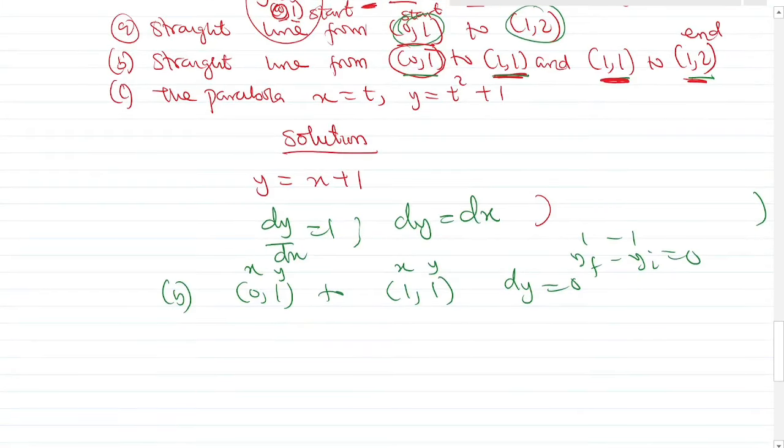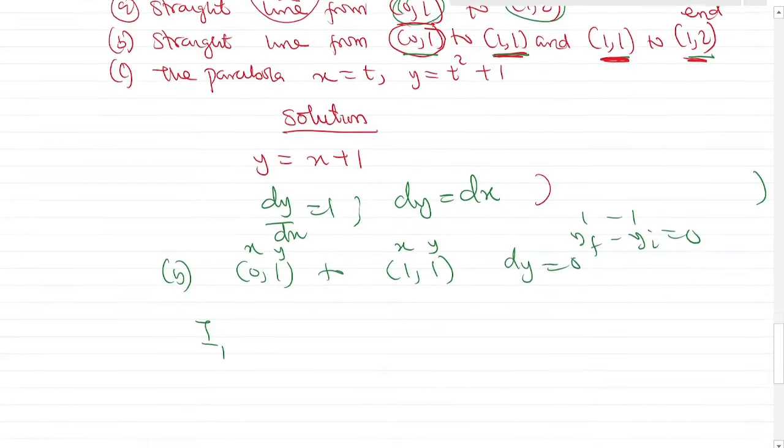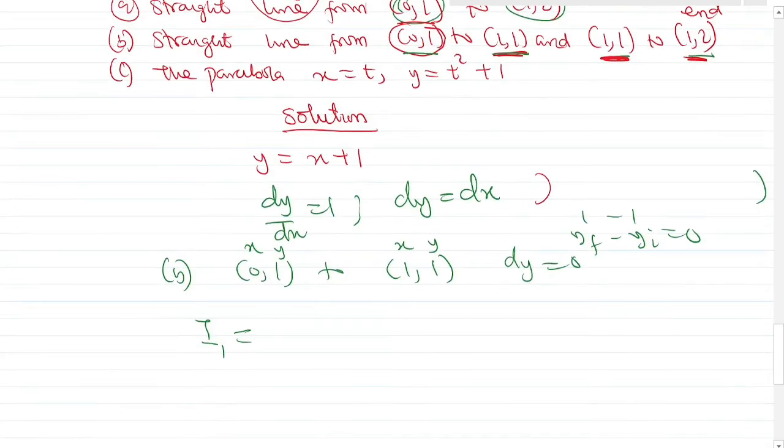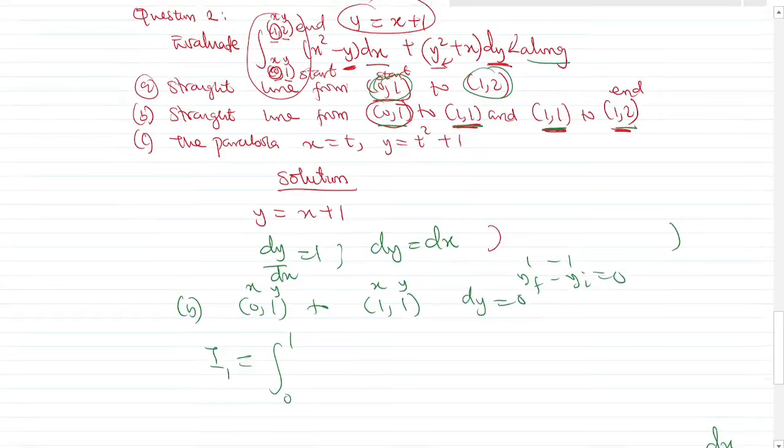So in your integral, this is what you should keep in mind. Let's call that I1, because we want to do two integrals here. We first do the integral from this point to this point, and then from this to this. So your I1 will be the integral from, so the only thing that is changing is x, from 0 to 1. We have to express everything in terms of x. Remember our integral is from x squared minus y dx plus y squared plus x dy.